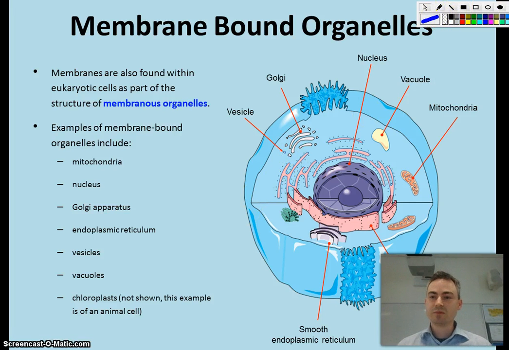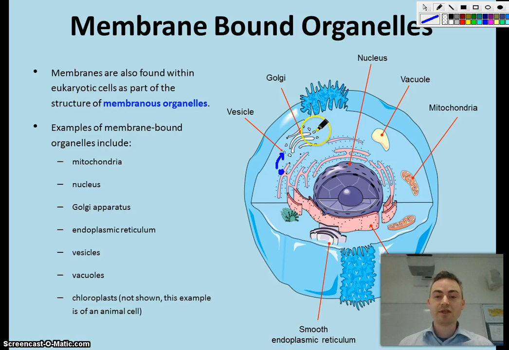Let me get some pen action happening here. So we get some materials, there we go, packaged up here in the endoplasmic reticulum, sent over to the Golgi in a transport vesicle. That transport vesicle will then fuse with the Golgi. And that's fine because it's made up of the same membrane material as the Golgi. They're both phospholipid bilayers, so they can fuse together or bud off different parts, and it's no big deal because it's made of the same stuff.